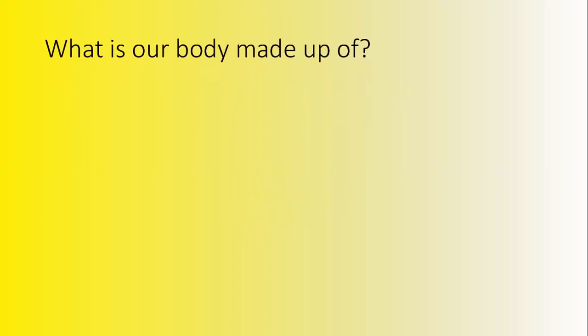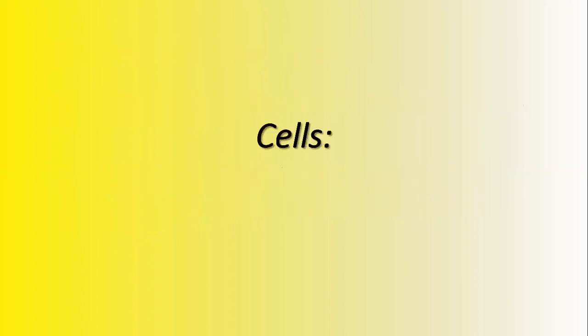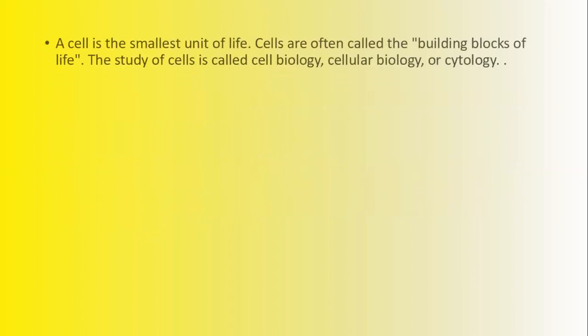The first question we studied before in lecture number 1 is what is our body made of? Our body is made up of many different parts. For example, bones, blood, heart, stomach, a pair of lungs, a brain, etc. After that, we explained cell.